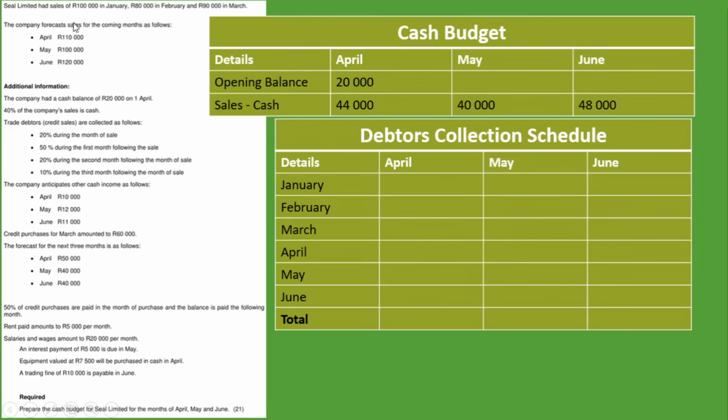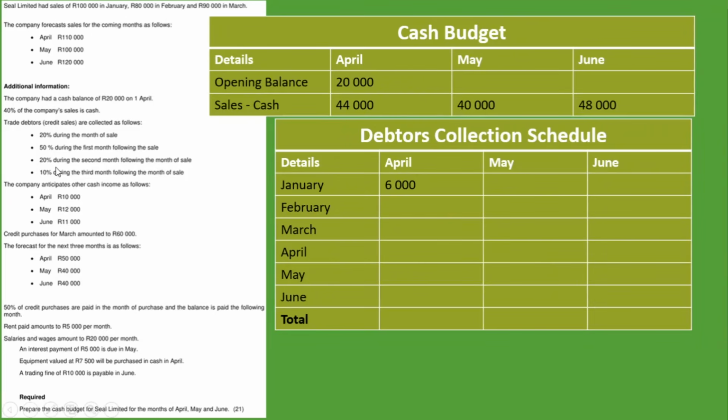So we're going to take 100,000 rand, which is the sale for January, and we're not going to multiply that by 10% yet, because we know 40% of it was cash. So we want the 60%, which was on credit. So we take 100,000 rand times the 60%, which was on credit, times the 10%, which was collected in the third month following the month of sale, which is April, and it gives us an amount of 6,000 rand. So we put 6,000 rand there.